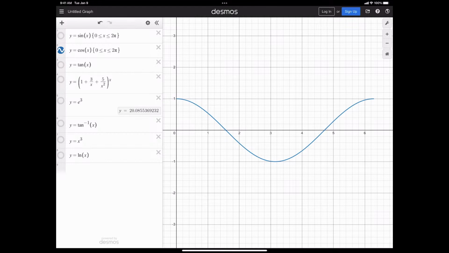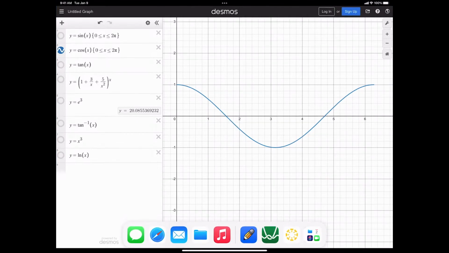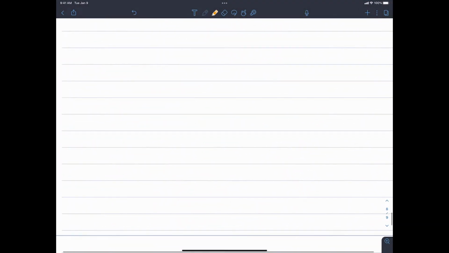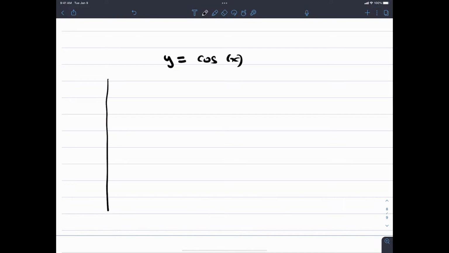You start at 1, you go down to the x-axis, you go to the lowest point, -1, then you get back to +1. So it has 2 locations for the maximum, top of the hill, 1 location for the valley. So how does that look? Well, let's draw the picture here, right? Your very simple curve for y is cosine, ladies and gentlemen, because this kind of shows up too.